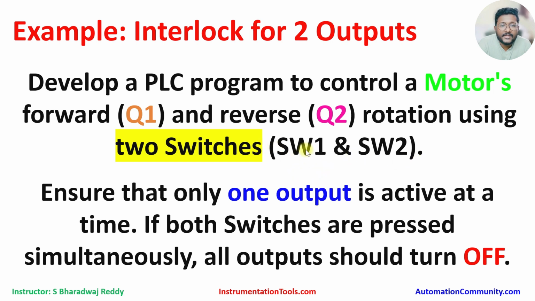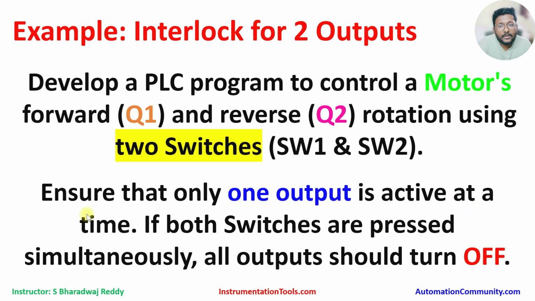If switch 1 is on, the motor rotates in the forward direction, meaning Q1 will be on. If switch 2 is on, the motor rotates in the reverse direction, meaning Q2 will be on. Ensure that only one output is active at a time.